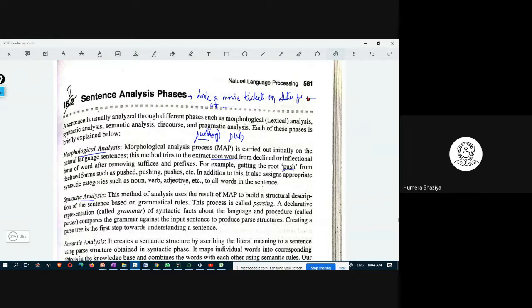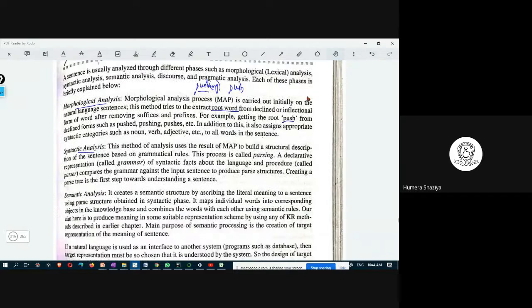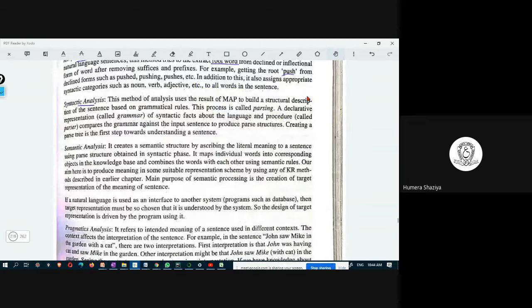Like this, there is a grammatical format, and using that format only, sentences are framed. For instance, John is giving chocolate to Tom. So what is this? There is a subject, there is an object, there is a verb, and there is a format.